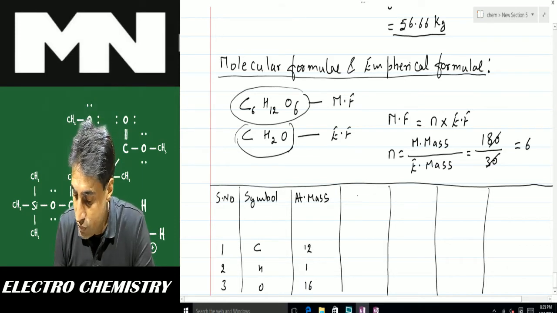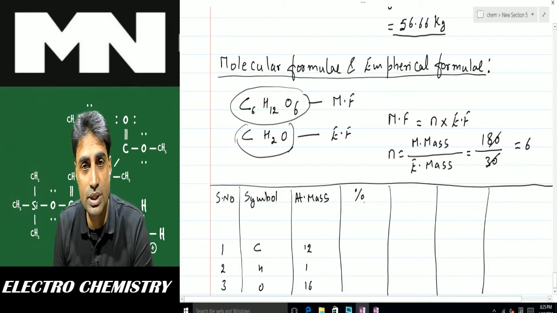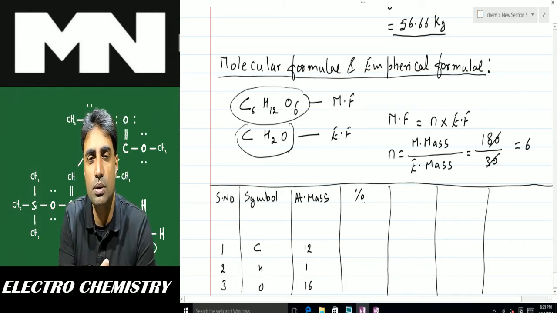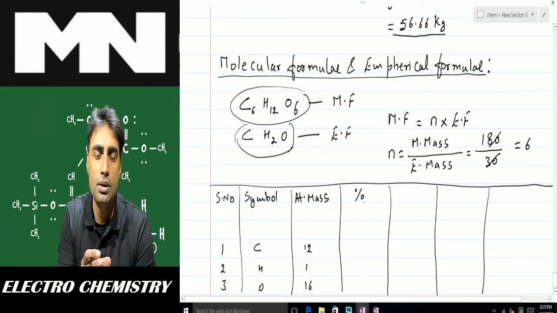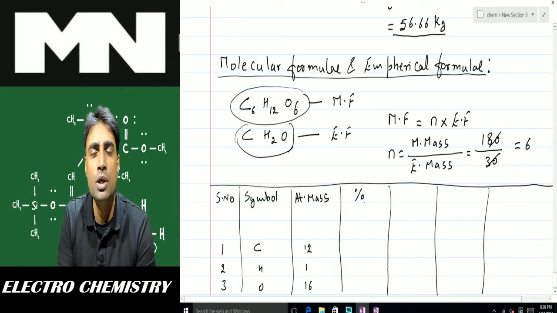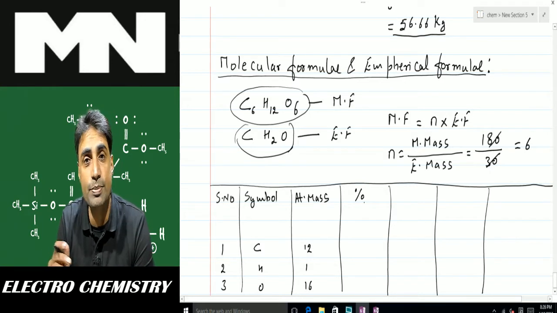Then you will have percent. Percent will be given to you in the question. You will be told about a compound formed by the combination of carbon, hydrogen and oxygen. It contains X percent of carbon, Y percent of hydrogen and Z percent of oxygen.